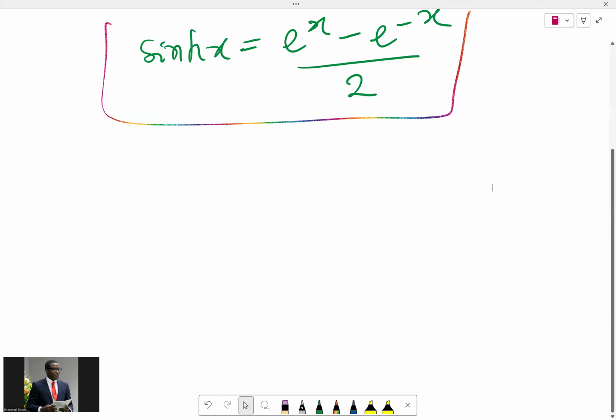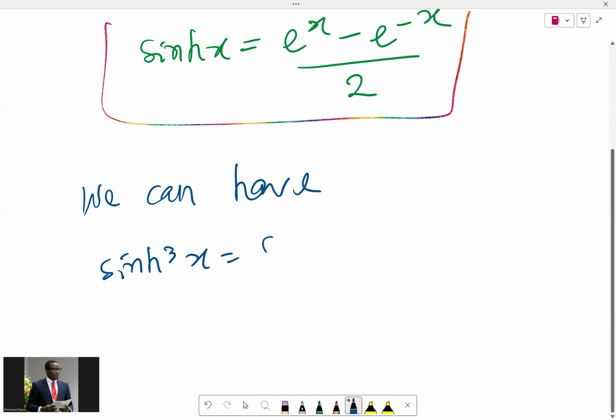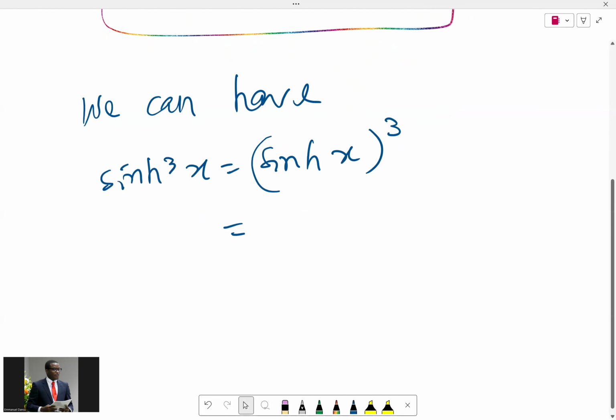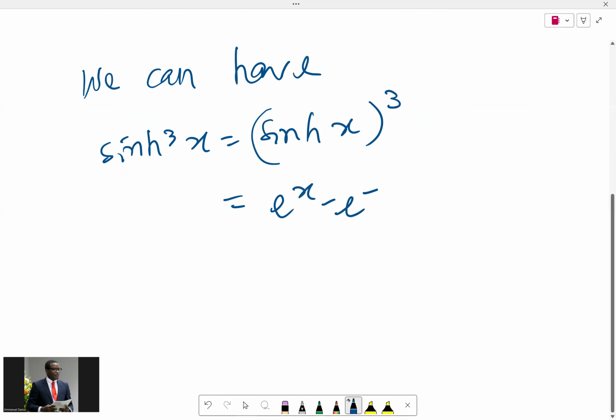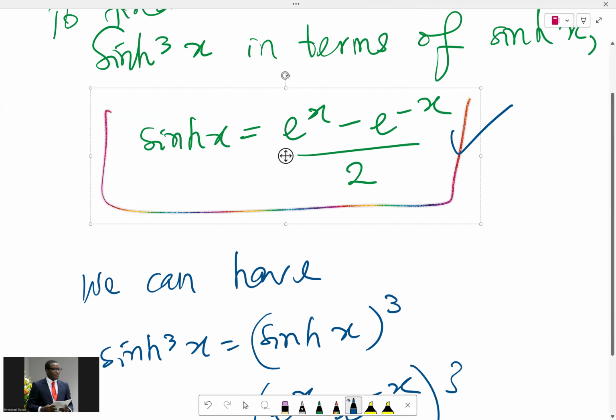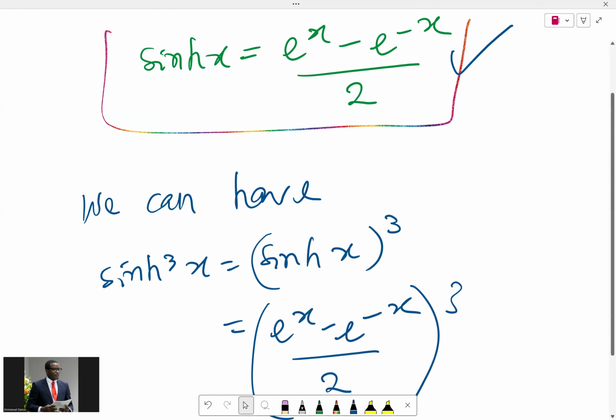That simply means that we can actually have sinh cube x, which is the same thing as sinh x raised power 3, to be e raised power x minus e raised power minus x divided by 2, all raised to power 3, right? Because sinh x is e raised power x minus e raised power minus x divided by 2.